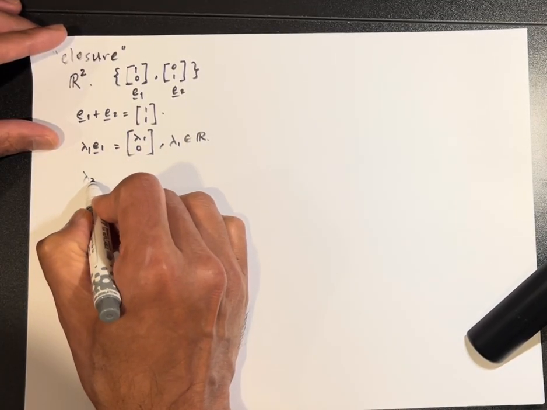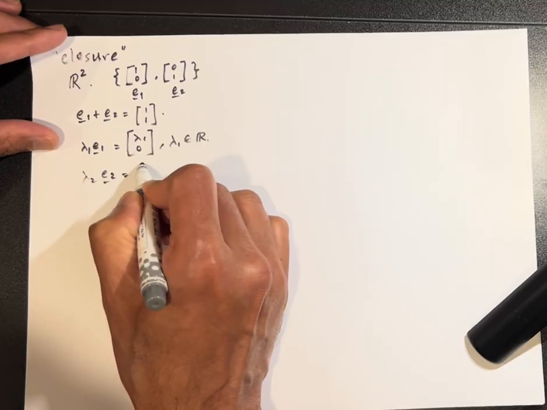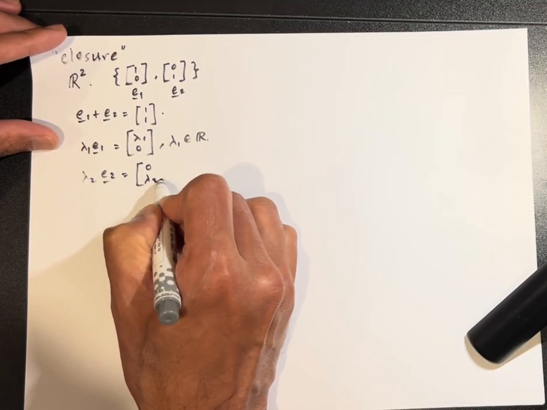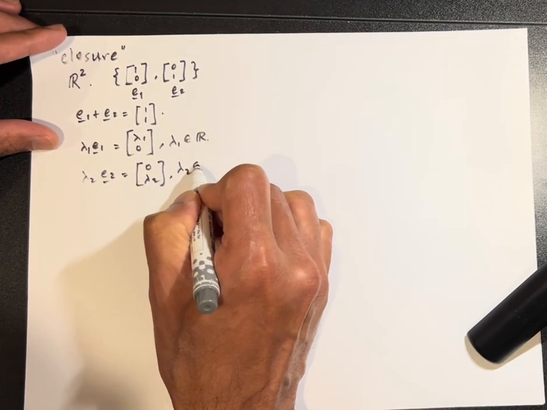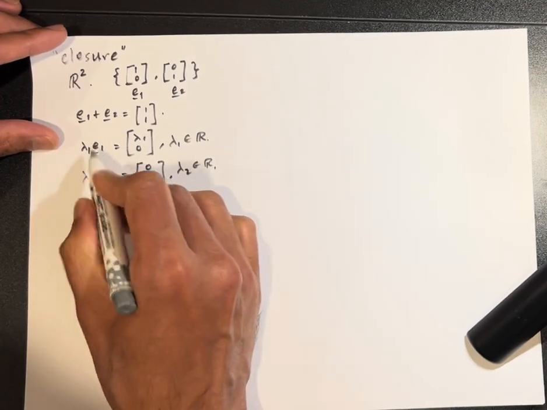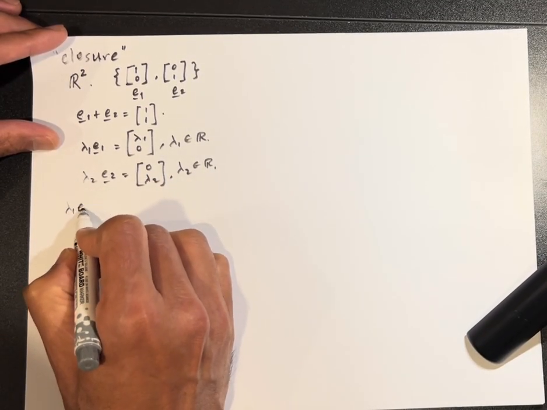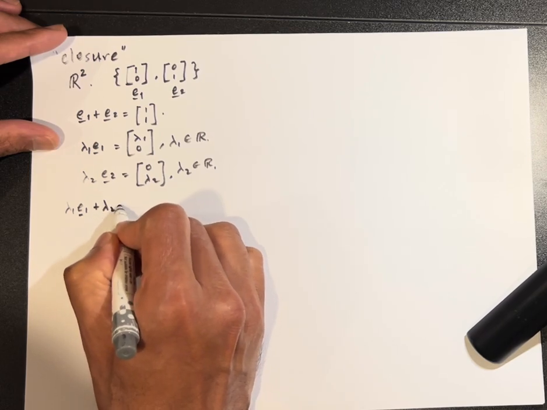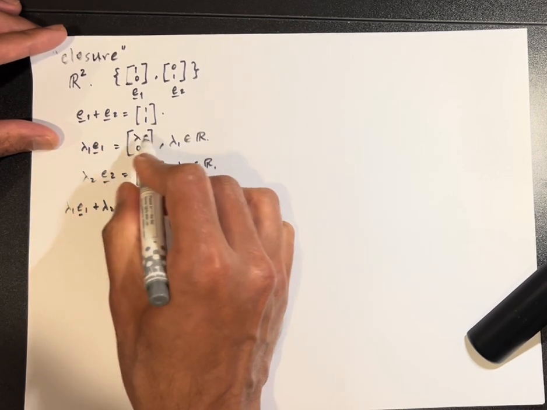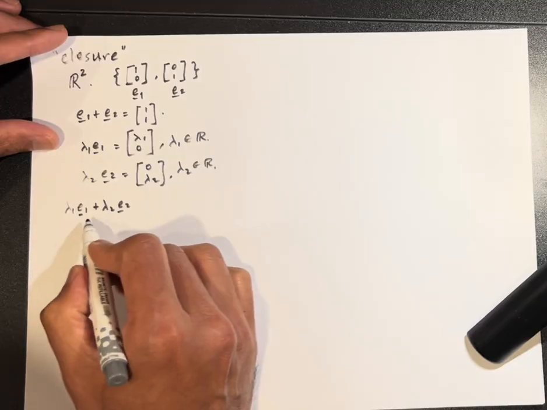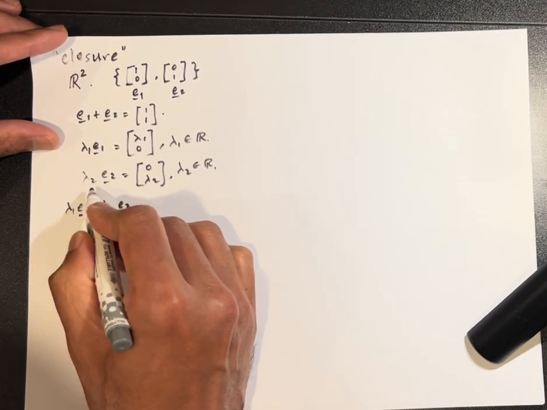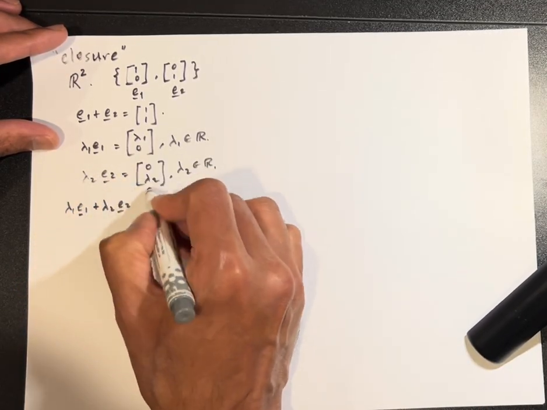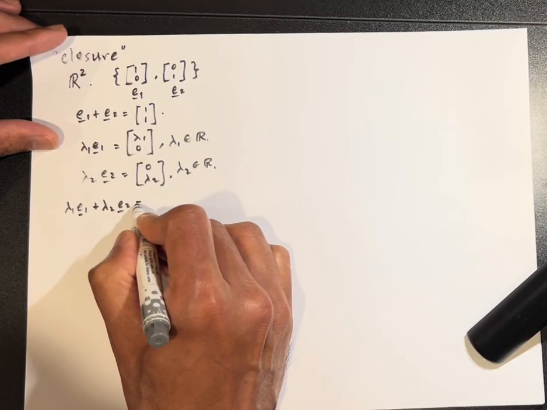And then if I take lambda 2 E2, this is going to be equal to 0, lambda 2, and lambda 2 again belongs to R. And then if I add these two up, lambda 1 E1 plus lambda 2 E2, because again these are two vectors and I'm just looking for all possible vectors that I can obtain by doing addition and scalar multiplication and addition again of those resulting vectors, and then seeing what all we can get.